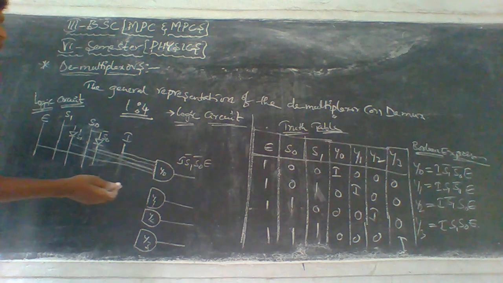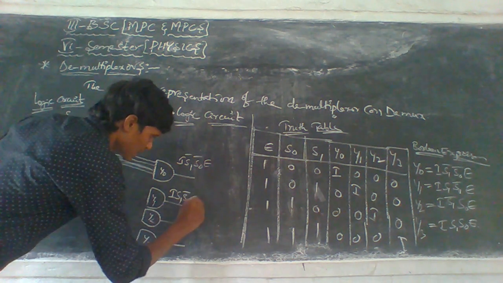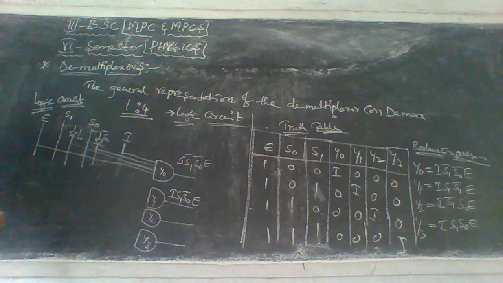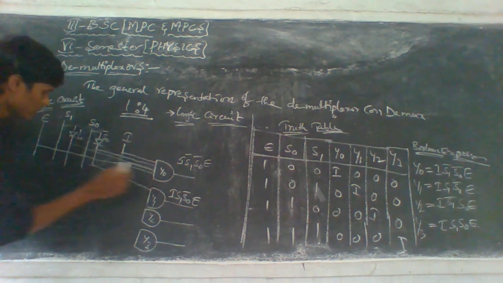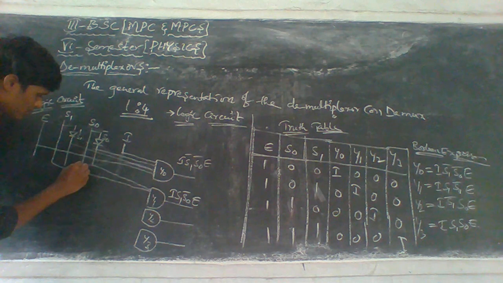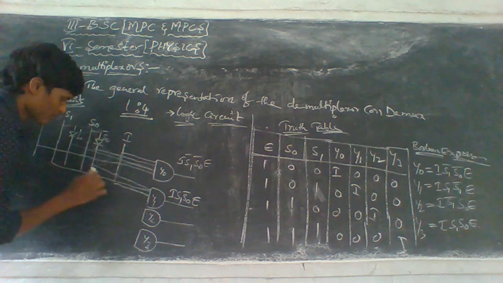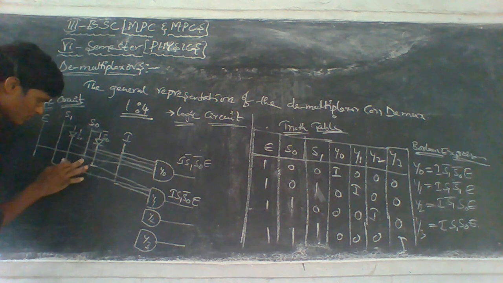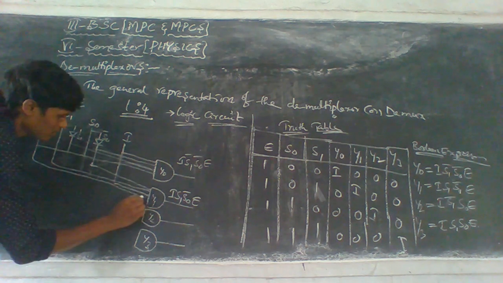The Boolean expression of Y1 is I, S1 and S0 bar and E. So I is connected to Y1 along with S1, S0 bar and E.